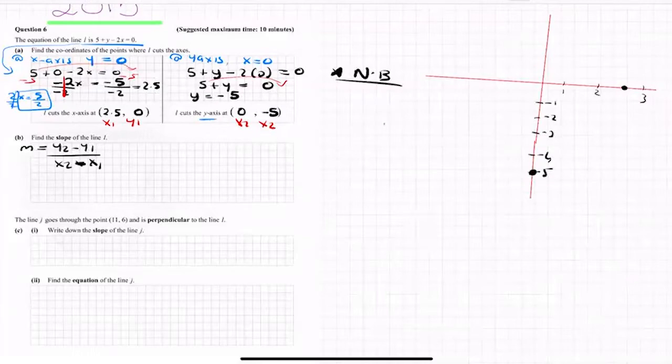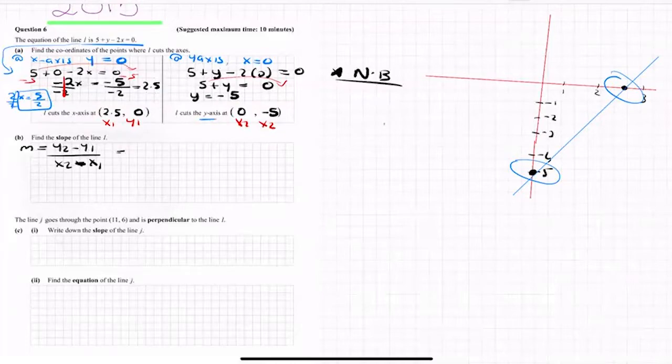So if I was to draw that line, I would end up with something like that. So you have 2 points on that line. So of course you can use the slope formula. Label the first point x1, y1, label the second point x2, y2.